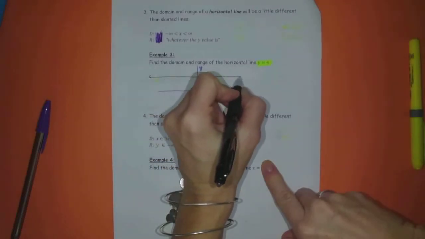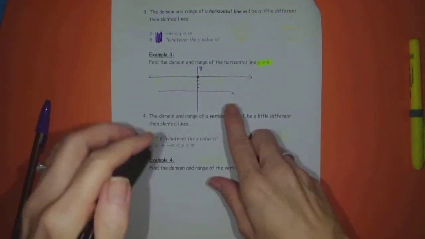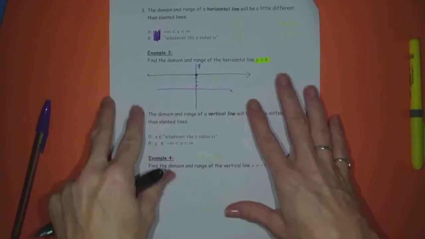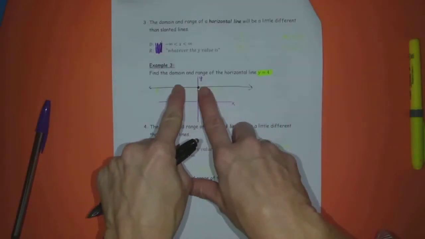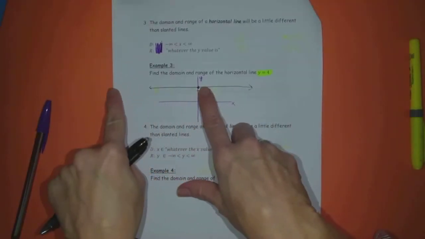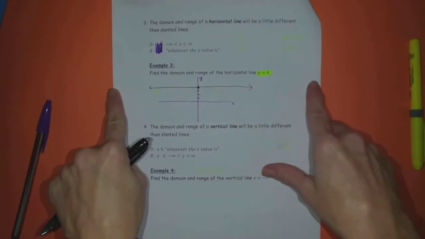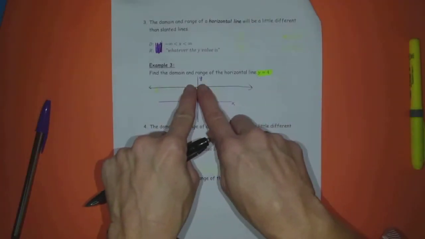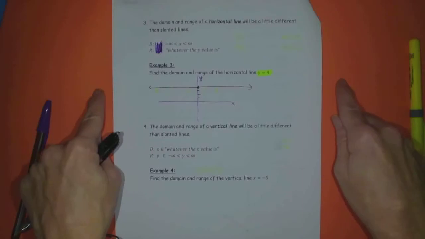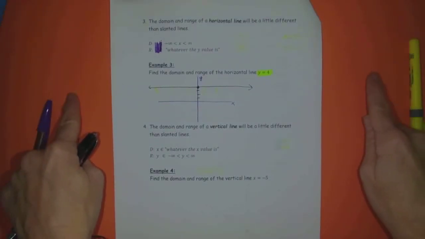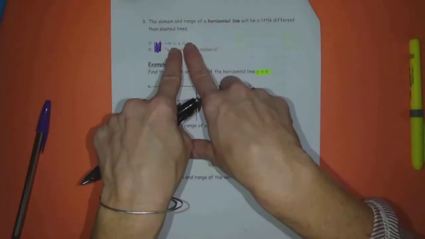Now, let's look at the x's. Do you see how we go infinitely far to the left and infinitely far to the right? So our x's are everywhere from negative infinity to positive infinity. That's why this is true.